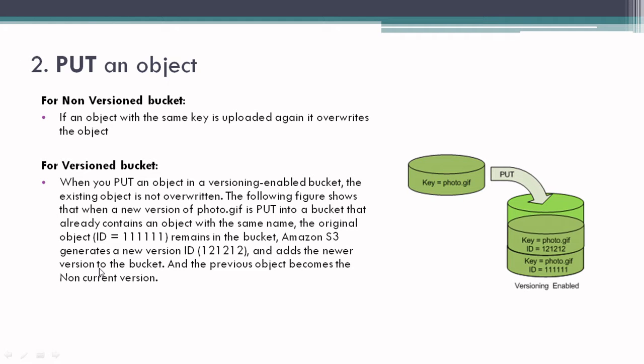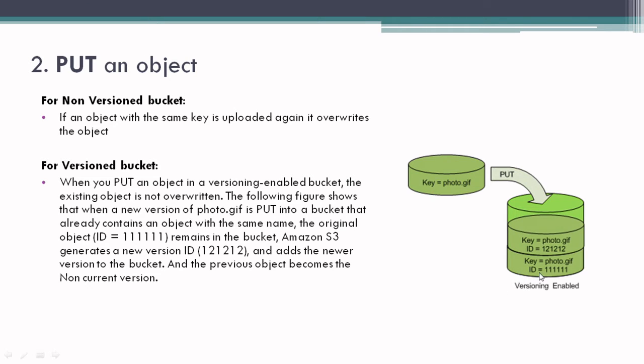Amazon S3 generates a new version ID 1212 and adds the newer version to the bucket, and the previous object becomes a non-current version.